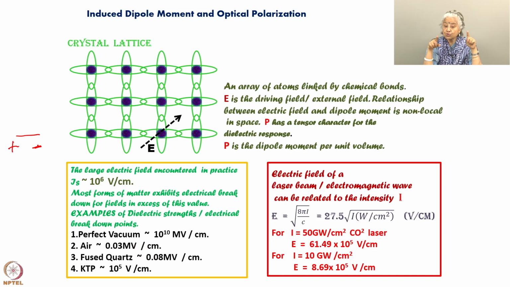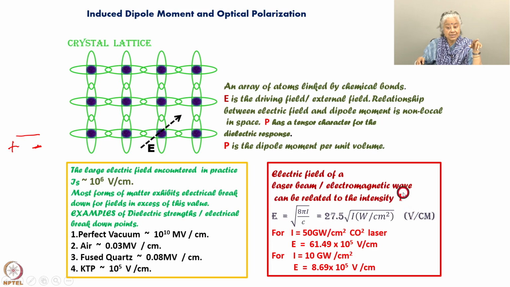Now, I should know what is the electric field associated with a laser beam. How much electric field can I generate with a laser beam? I should be able to calculate that, and then only the comparison will be complete. So, what is the electric field of a laser beam? It is an electromagnetic wave, so it can be related to the intensity. All these nonlinearities are happening because of the high intensity.